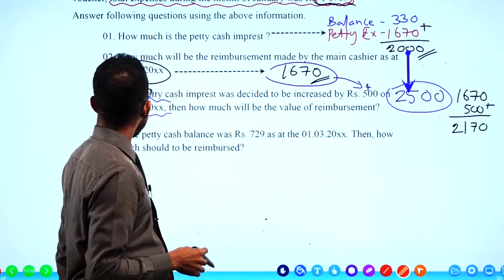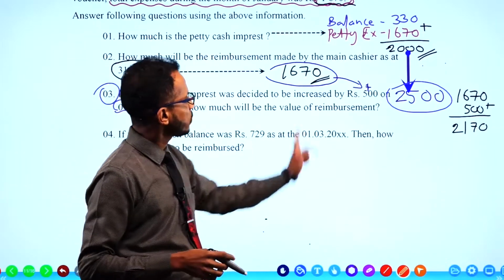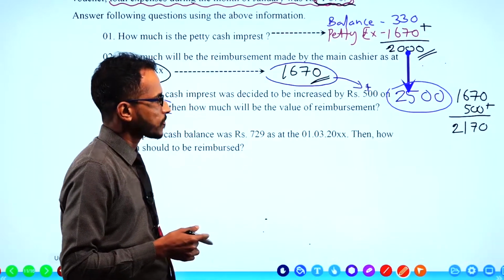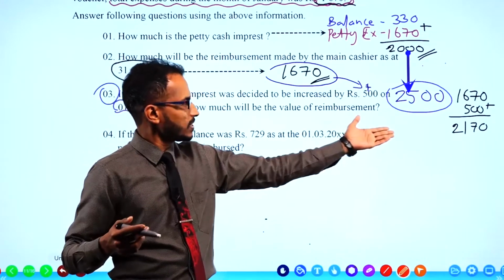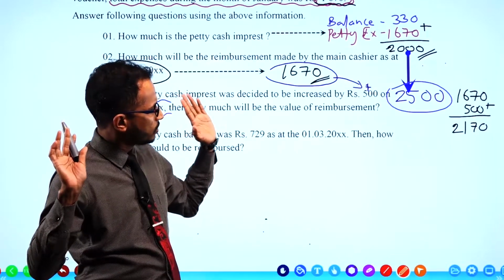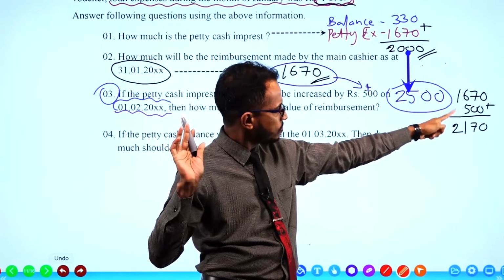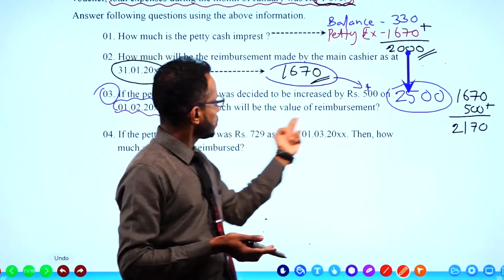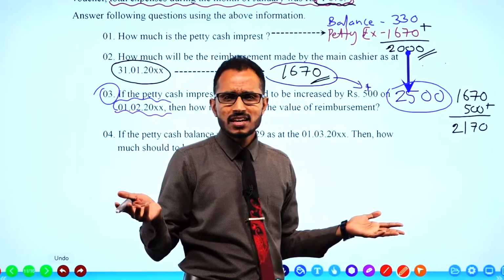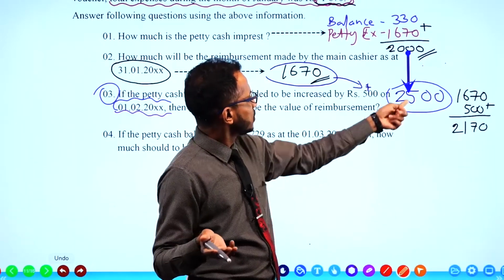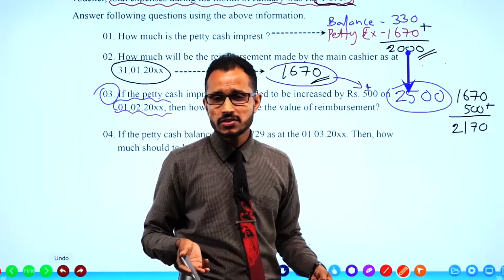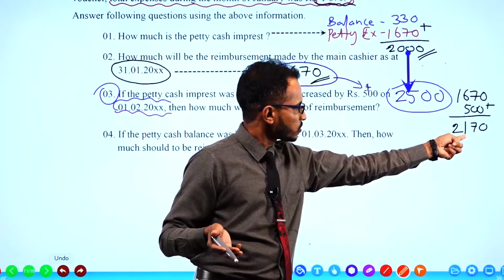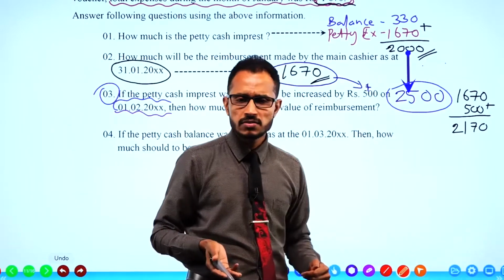That is the value of reimbursement. Then if somebody thinks, oh, reimbursed amount increased by 500, and the new reimbursement should be 2170, but the new imprest should be 2500, no? But this didn't become 2500, no? It should become 2500, right?